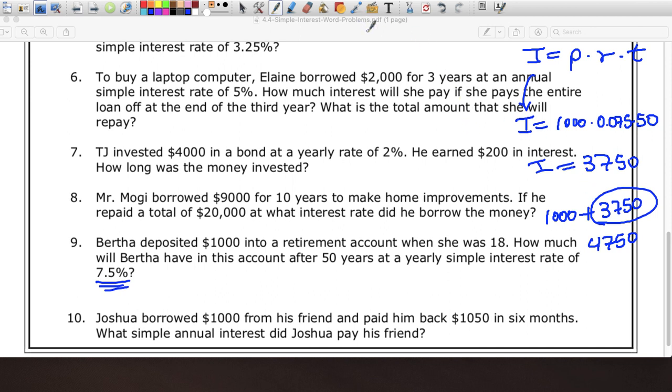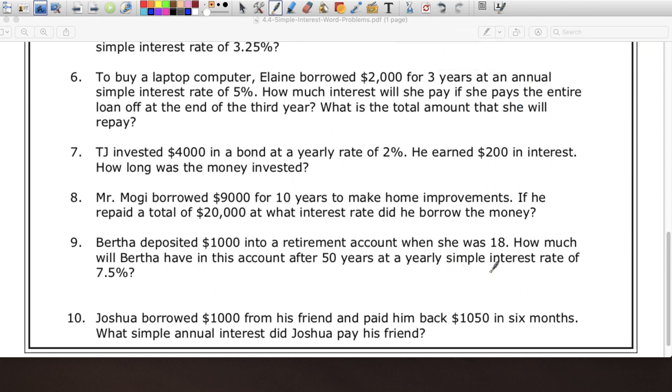Now, can you imagine if it was $10,000? With an extra zero, she would have made $37,000. And if she put $100,000, she would have earned $375,000. And again, that's a lot.